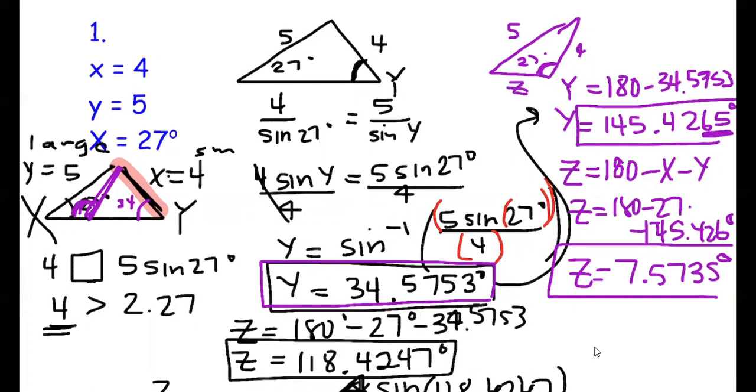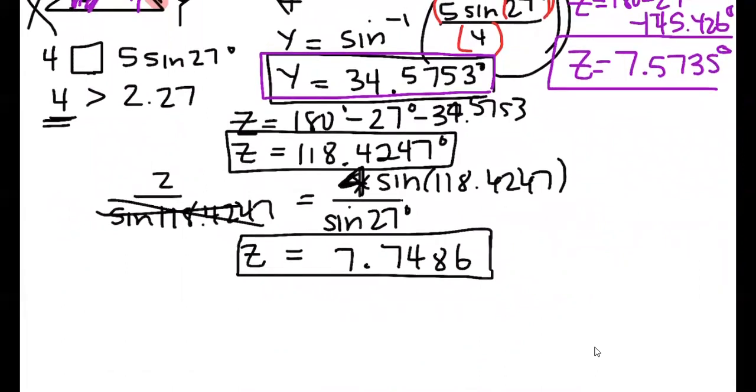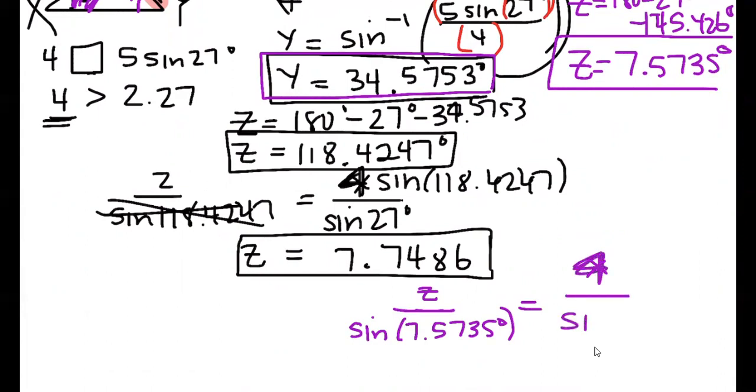Okay, and then we still have to find side Z as well for our second triangle. And there's little side Z. Side Z should be opposite angle Z, and it will be the smallest of our sides. So I'm going to go back and use law of sines for that. Z over the sine of 7.5735 degrees equals, I'm going to use my x's because that's what I started with, and I know I haven't screwed those up, so 4 over the sine of 27 degrees.